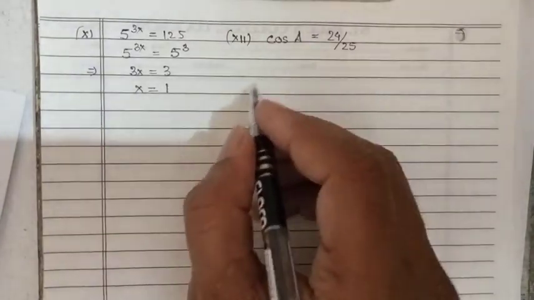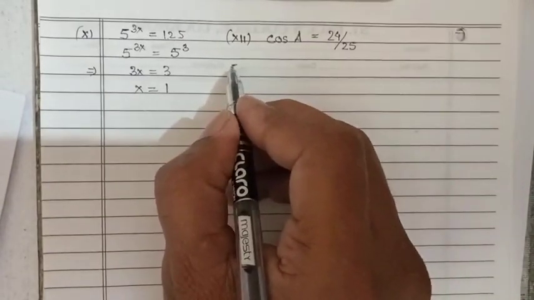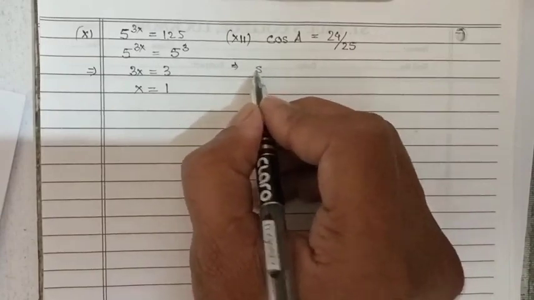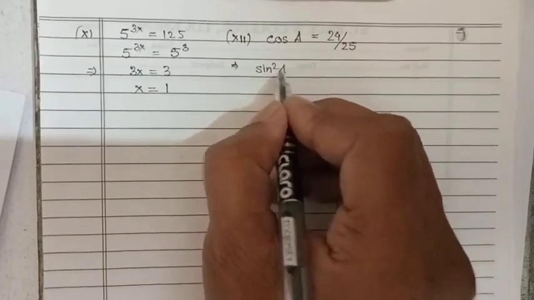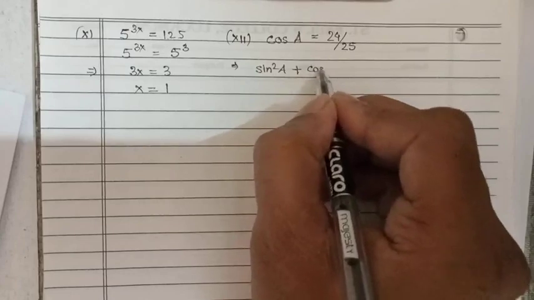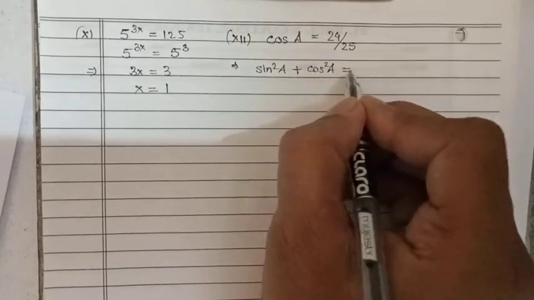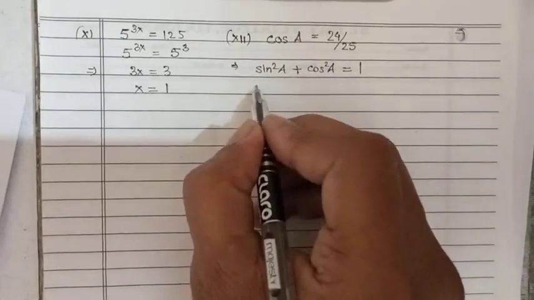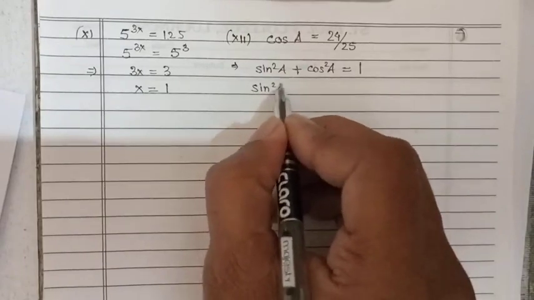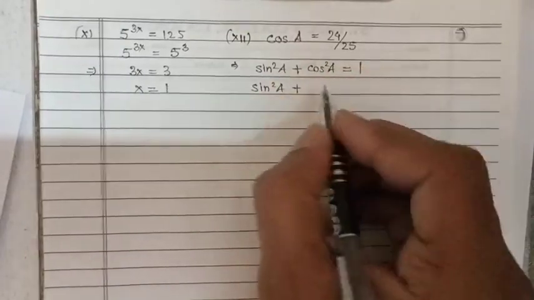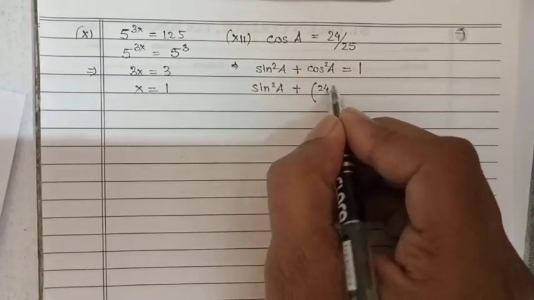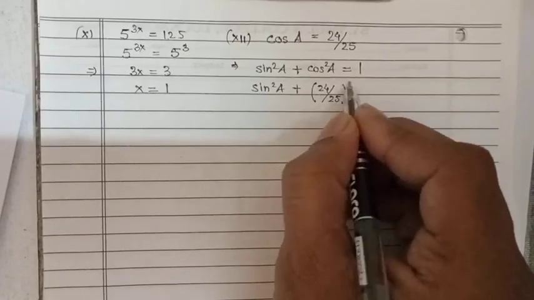And we have to find sin A. Now here we can use an identity. You all must be knowing sin square plus cos square is equal to 1. So in this formula, let's substitute the cos value as 24 upon 25, whole square.